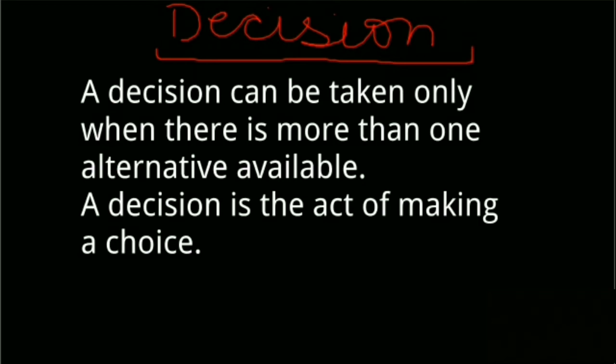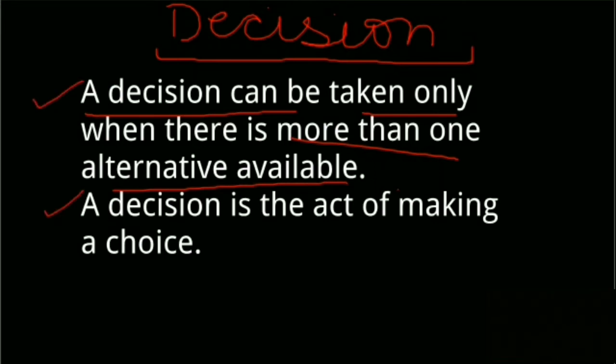The essential core of decision making is to make a choice from the alternatives which are available in order to take an action. If there is only one course of action available, then there is nothing to choose from, and therefore no decision can be taken. A decision can be taken only when there is more than one alternative available, and a decision is basically the act of making a choice.